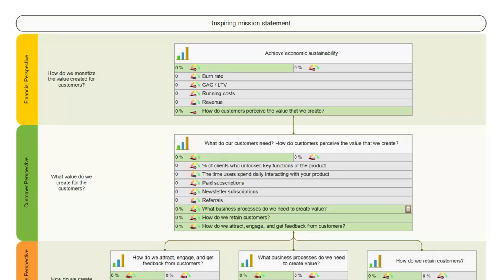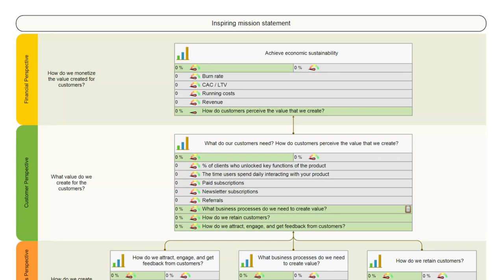The gray lines are lagging metrics. So we have burn rate, running cost, revenue, this ratio, and you have a green line, which is a leading metric. So in this case, the leading metric comes from the value that you have created for the customers. Yeah, so in some way you created value, and this value is transformed into economic outcome. So for customers, what value do you create for your customers, or what do your customers want?